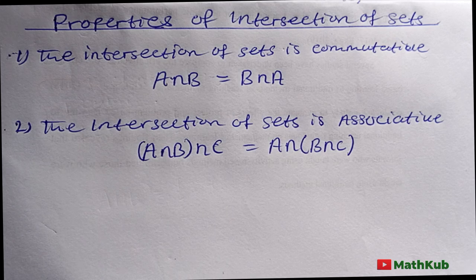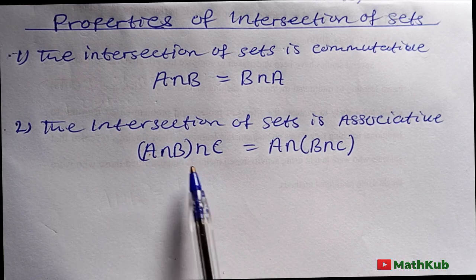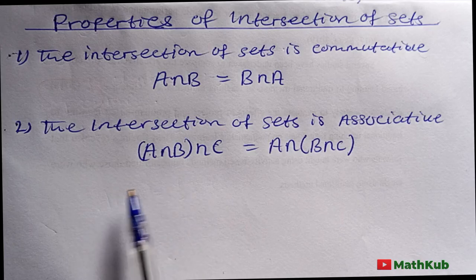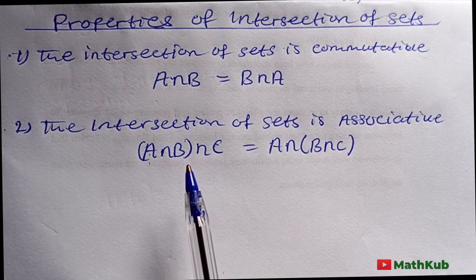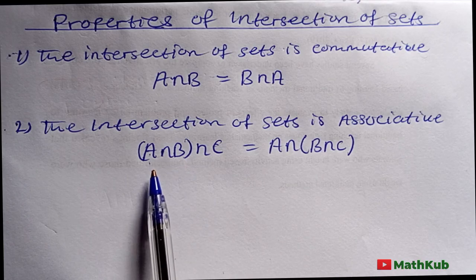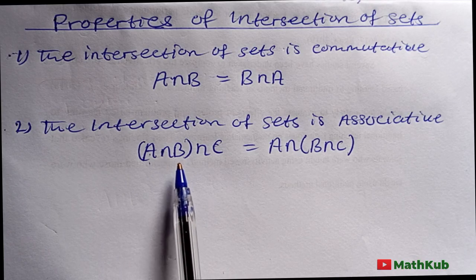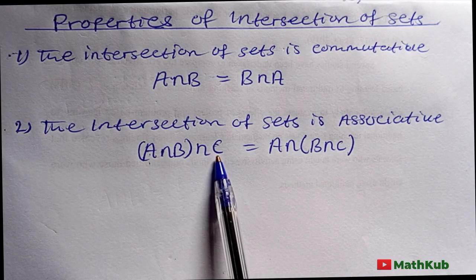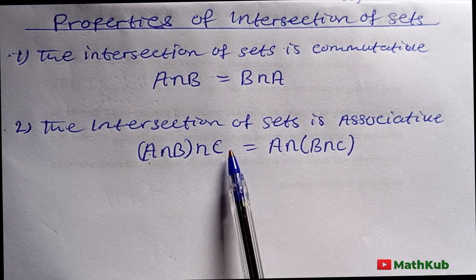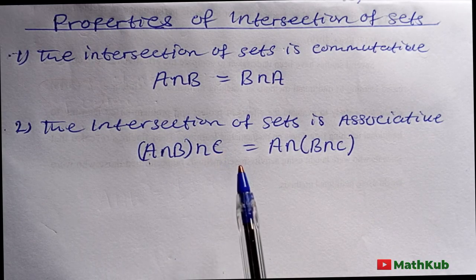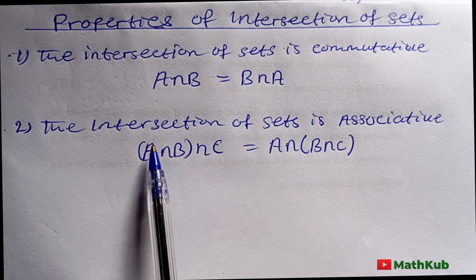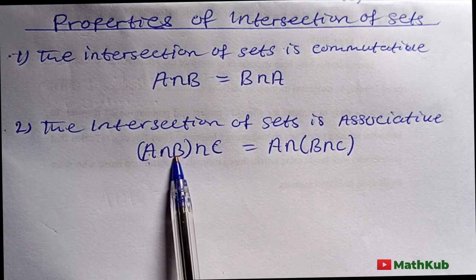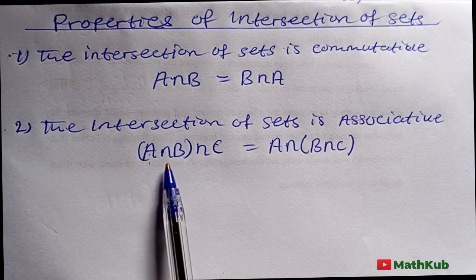meaning that when we consider the first two sets, let's say set A and set B, we collect their intersection, and after that we combine with the third one, set C. After taking the intersection of A and B, you have your answer.